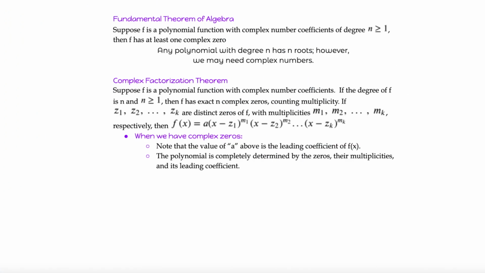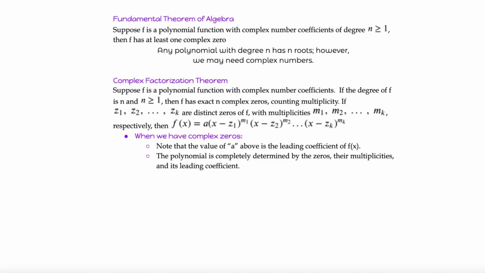Let's head to slide 3 to talk about the fundamental theorem of algebra. So suppose we have a polynomial function with a complex number coefficient with a degree that's larger than or equal to 1. Any polynomial that has a specific degree, we know has that many roots.